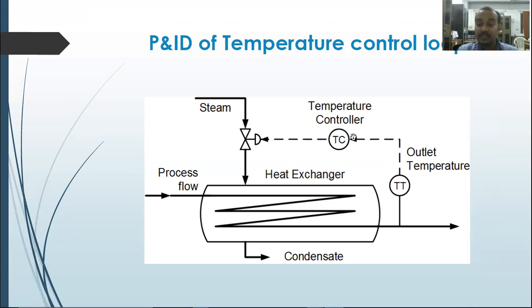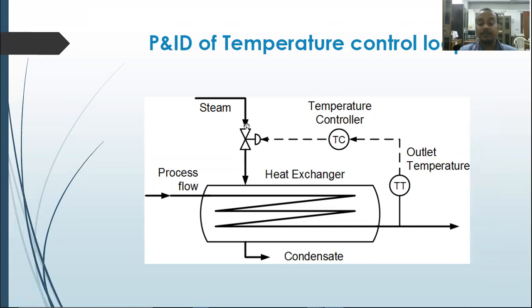If you don't know about this TC, it is already written over here. It is temperature controller. T is the first letter, C is the succeeding letter. From this temperature controller, the necessary action will be taken and provided to the final control element, which is the valve over here. One thing to note is that there is an error in this P&ID drawing.